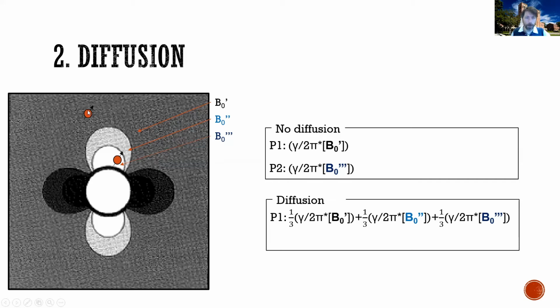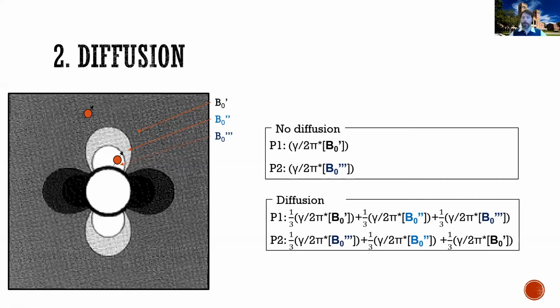Well, this proton spent 1/3 of the time resonating at gyromagnetic constant over 2 pi times B0 third when it was in here. Then 1/3 of the time it did that at B0 second when it was here. And then 1/3 of the time it resonated at gyromagnetic constant over 2 pi times B0 prime out here.